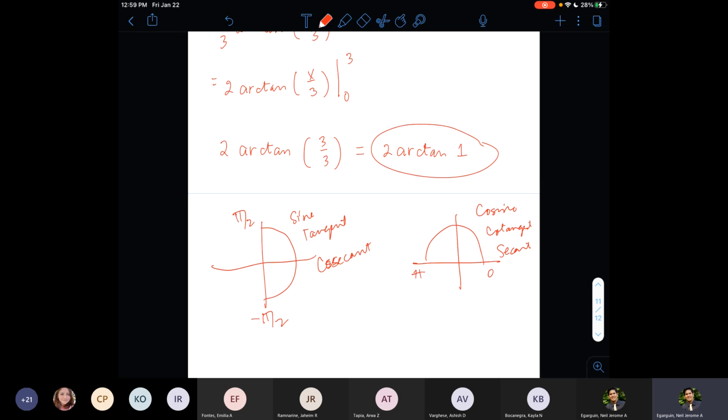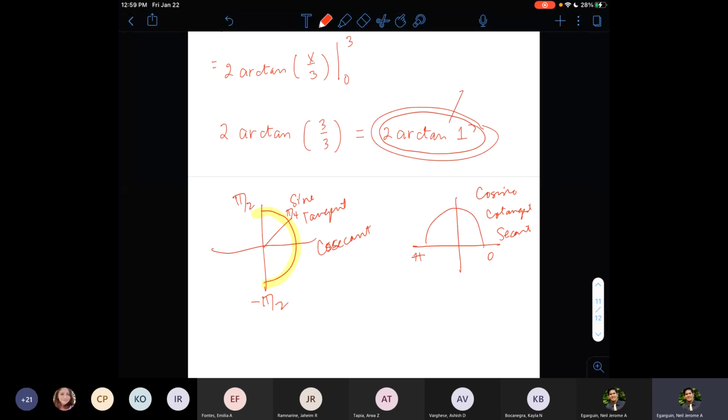So I'm looking for arctan of 1, and arctan is restricted on this side of the unit circle. On this side of the unit circle, what is the angle that will give us tangent equal to 1? Do you remember? Yeah, Christina is correct. The answer here would be pi over 4, because tangent of pi over 4 is equal to 1. So that means arctangent of 1 is equal to pi over 4.